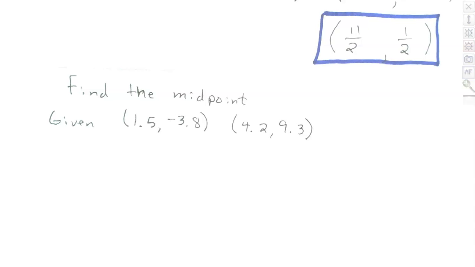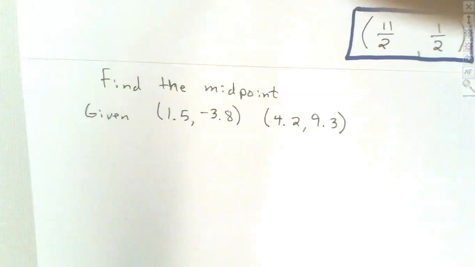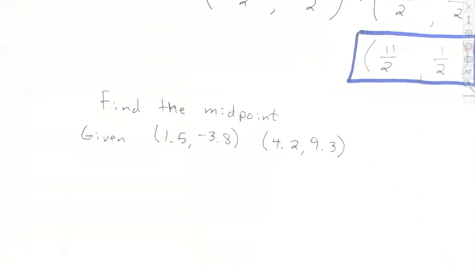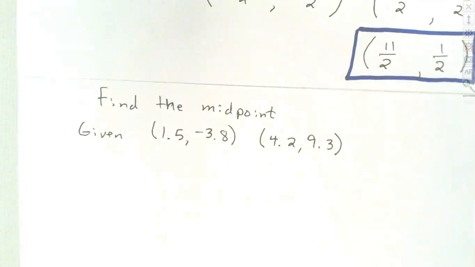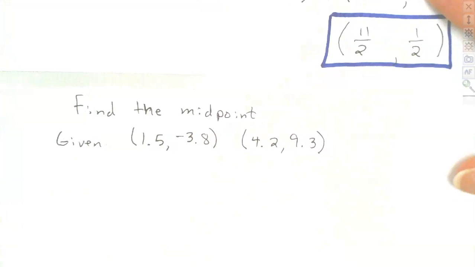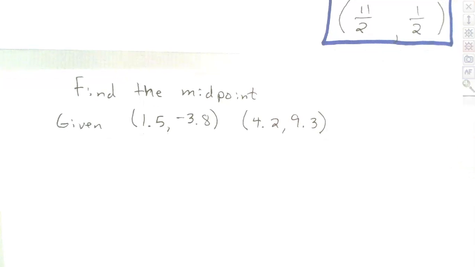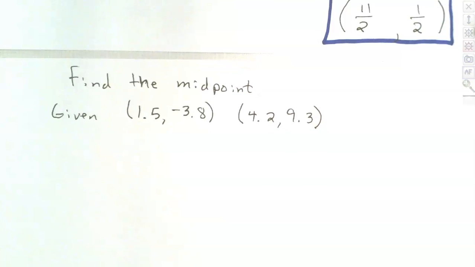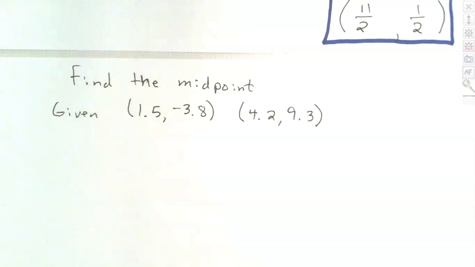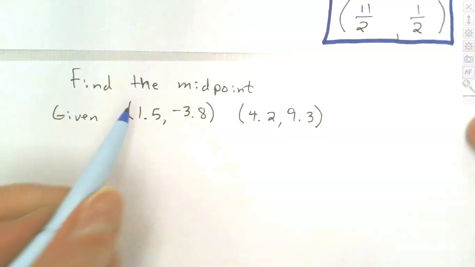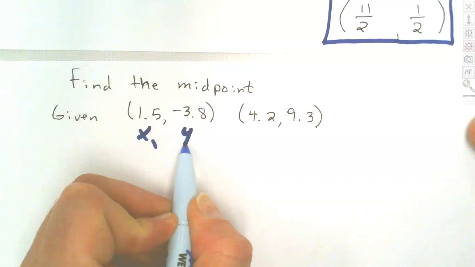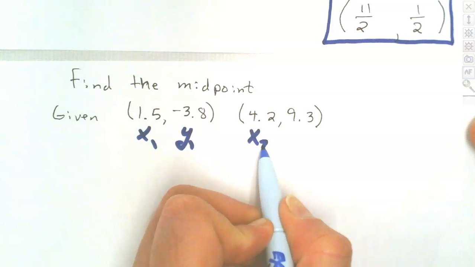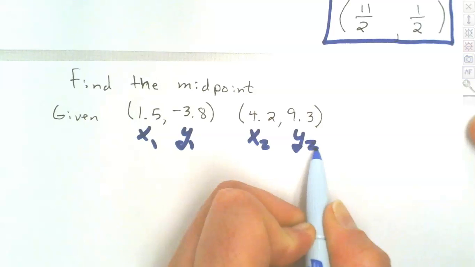And I want you to take these 2 points here and then find your midpoint. So what do we need to do? Well, we need to begin by labeling our ordered pairs. We always label them x1 and y1. So x1, y1, and the second one is always x2, y2.